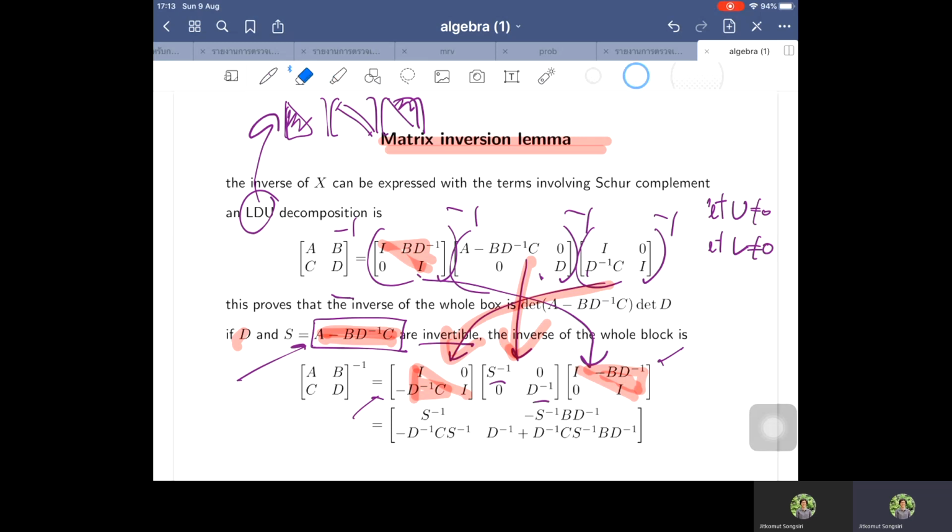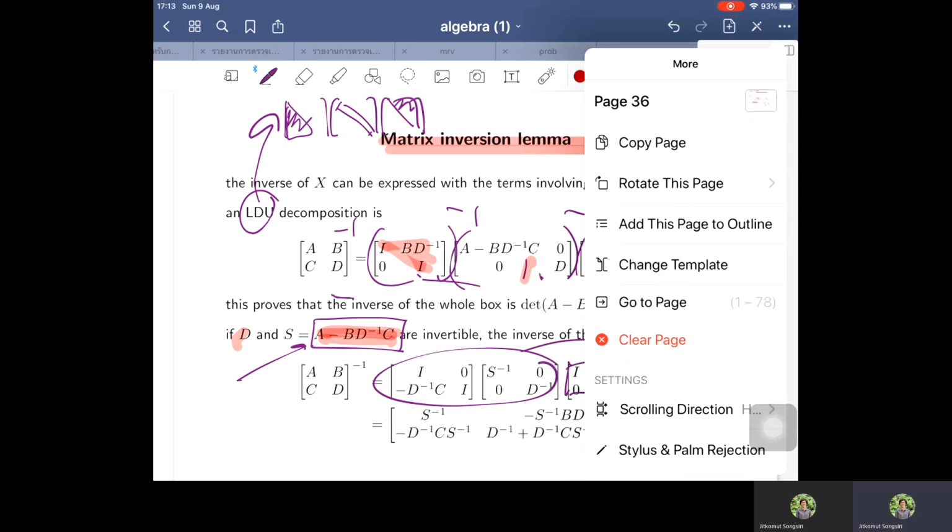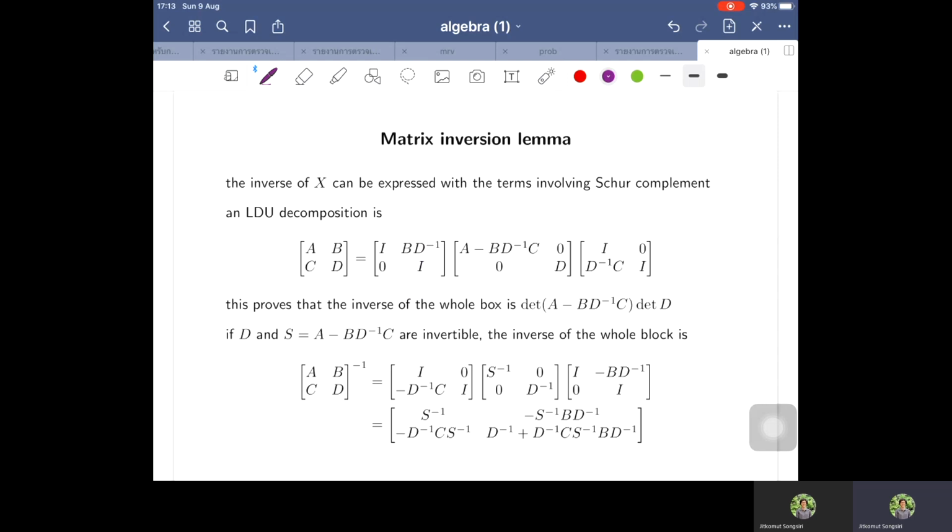If you multiply the three terms, it's not hard at all. Just multiply these two first and then multiply with this. It gives us the last line. The last result is called the inverse of a block matrix, and it is called the matrix inversion lemma.